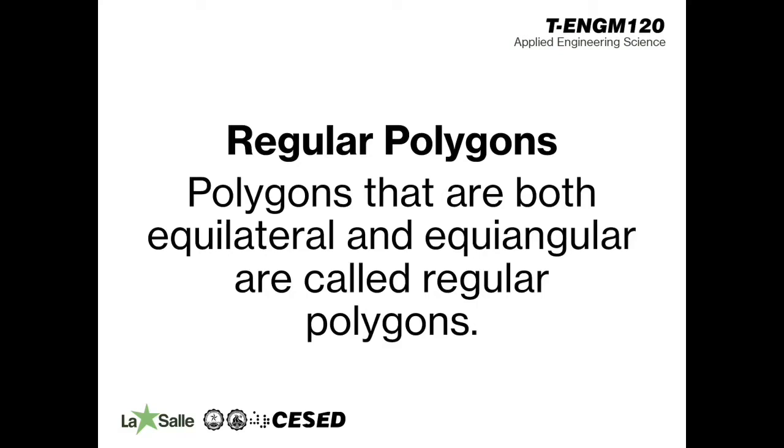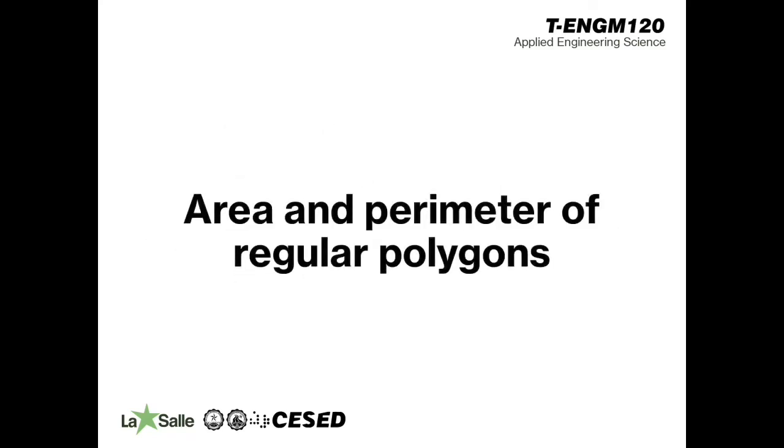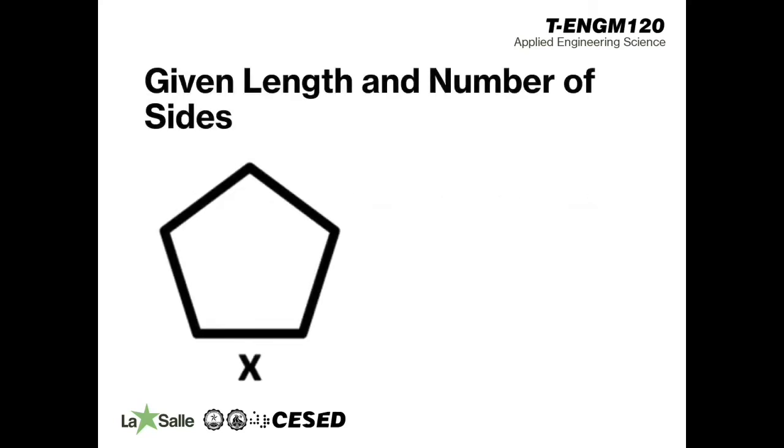Regular polygons are what we call the polygons that are both equilateral and equiangular. Next, we have the area and perimeter calculation of regular polygons. The first one: what if we are given the length and the number of sides?